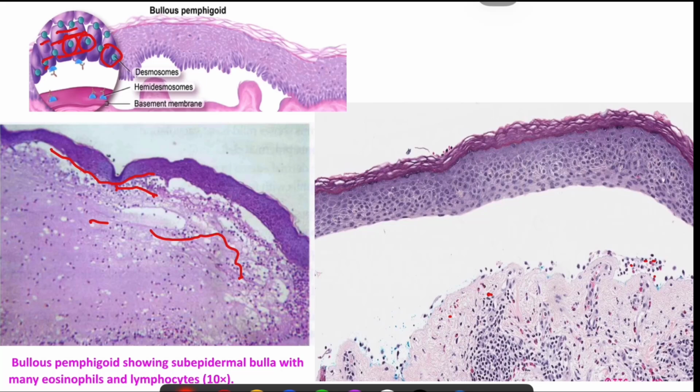But here the problem is at the hemidesmosome level. So the junction from basement membrane to keratinocytes is affected, and there is a cleft at the dermo-epidermal junction, which is called a subepidermal bulla, and this is bullous pemphigoid.